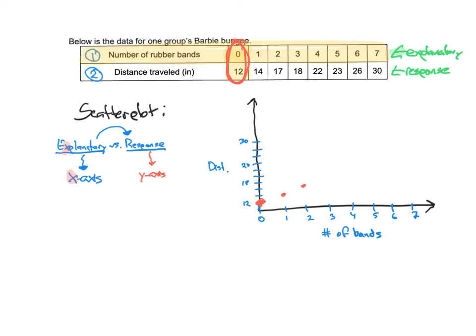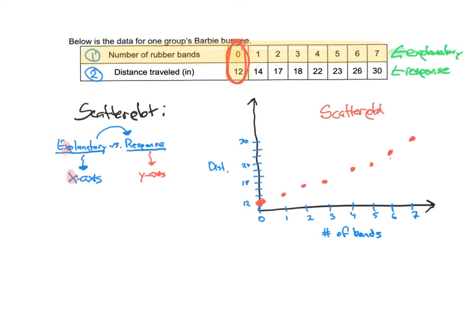Now, if you actually had a nice graph, you could get this really nicely done. 3 and 18, it's just a little bit higher. 4 and 22, okay, keep it marking. 5 and 23, just slightly bigger. 6 and 26, it's going to be up here, that's going to be about right there. And 7 and 30, it's going to be about right there. All right, so that is a scatter plot.